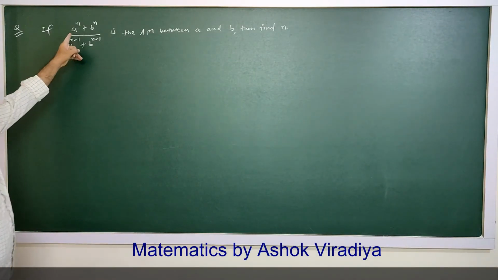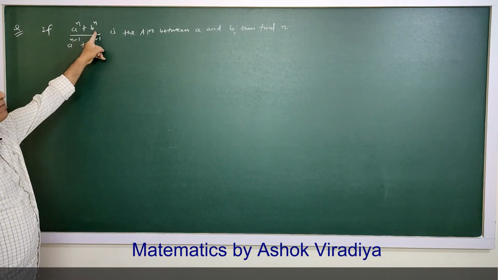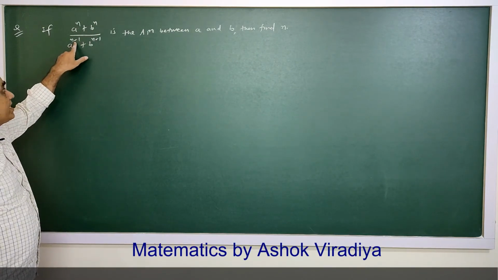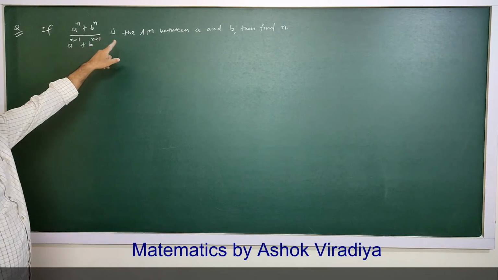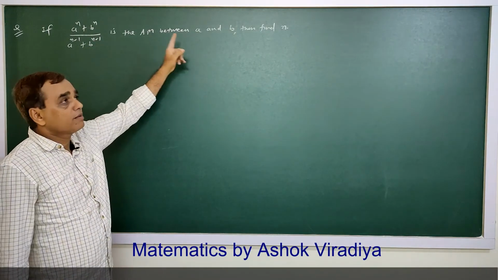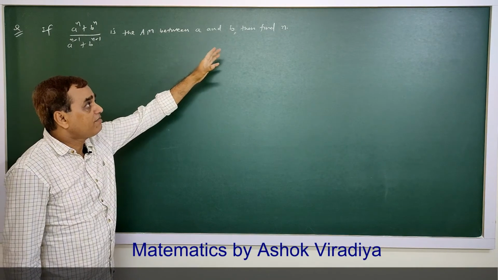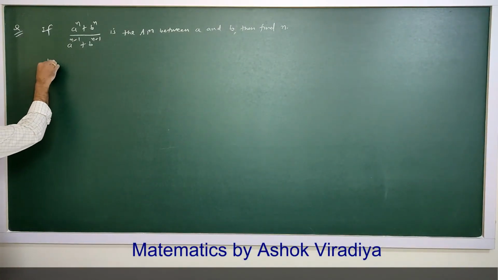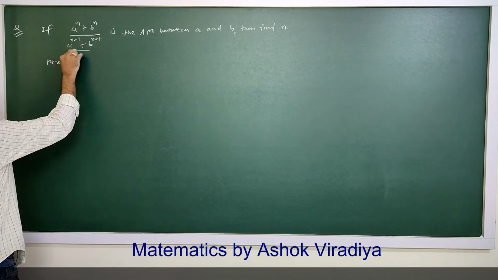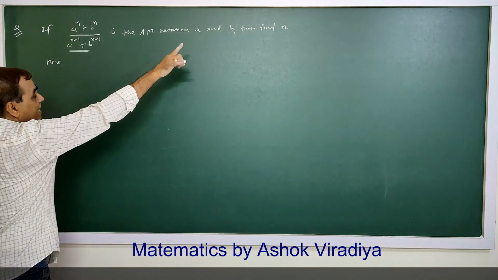If a raised to n plus b raised to n upon a raised to n minus 1 plus b raised to n minus 1 is the arithmetic mean between a and b, find the value of n. Say here, this is the arithmetic mean between a and b.